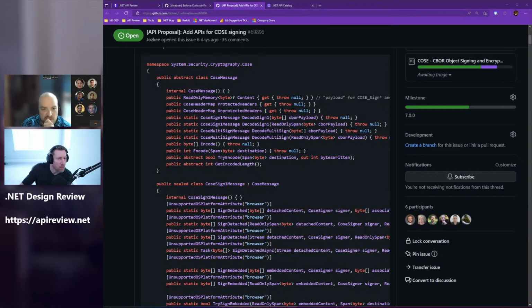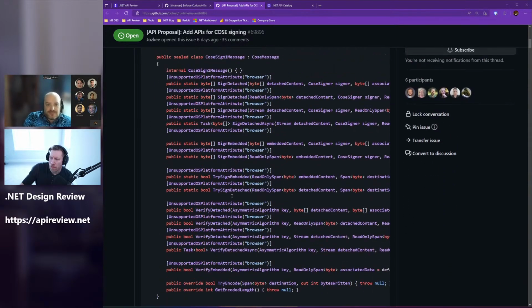So if you pass in a payload, it better not be null. Decode sign 1 gives you a message or it throws, and if you give it null, we're going to throw ArgumentNullException, and if you give it empty, then decode's going to fail. And encode always returns a non-nullable as well, right? Yep. Okay, then that makes sense.